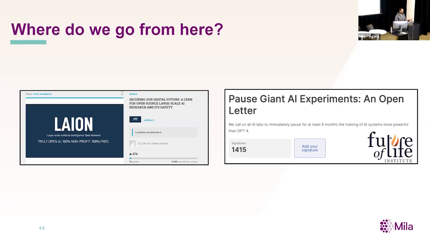Let's make some mega super clusters essentially, and train these models safely with all the expertise and the regulation that we need, much like we do experiments with, let's say, the LHC and the International Space Station. There are many other examples of international collaboration on big research projects, so why should this one be any different? So it's not really clear where we should go from here.